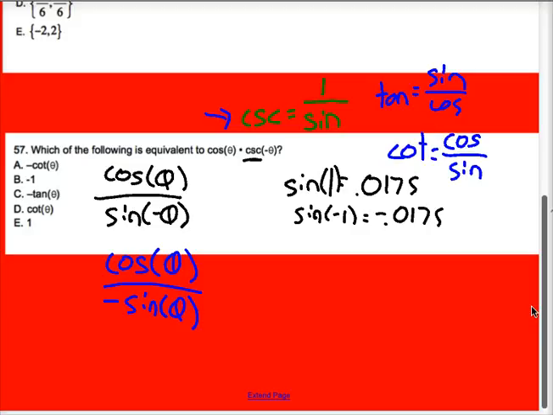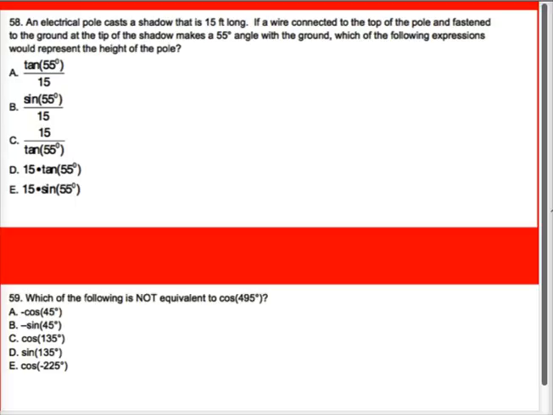So a lot of vocabulary, a lot of terms being thrown around here. But if you remember that this is cotangent, and I produced that negative, when all is said and done you're going to end up getting negative cotangent.